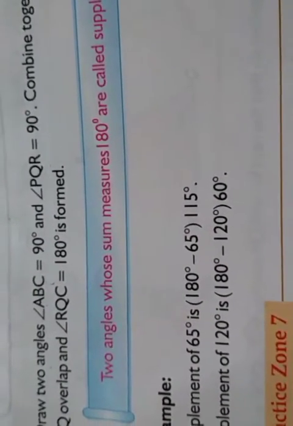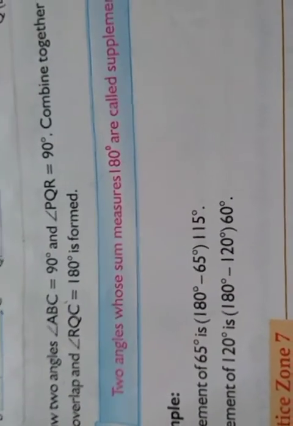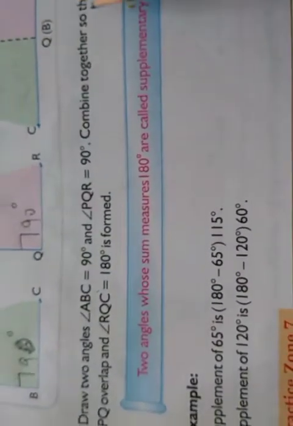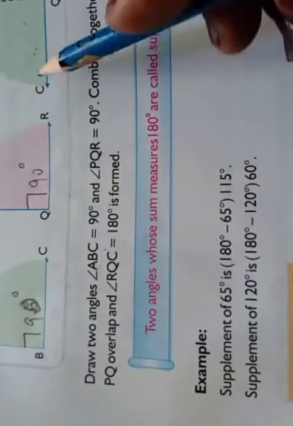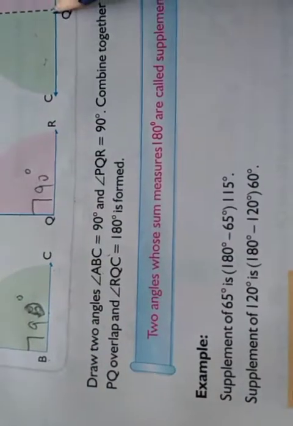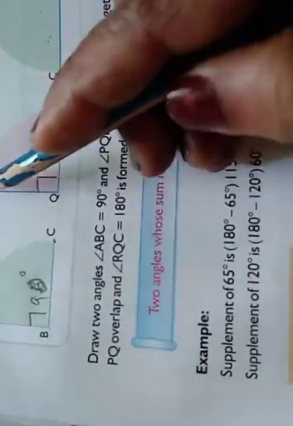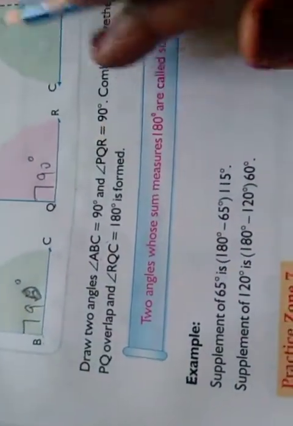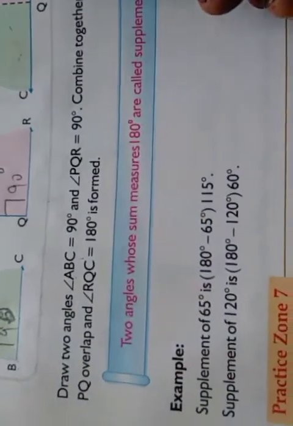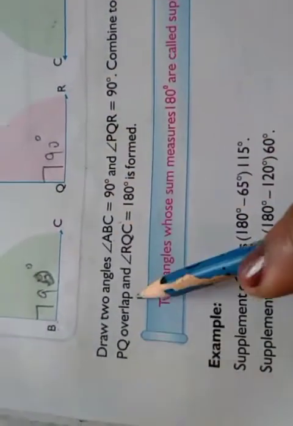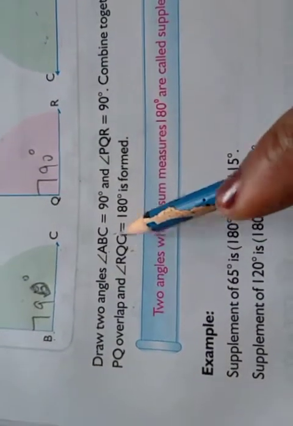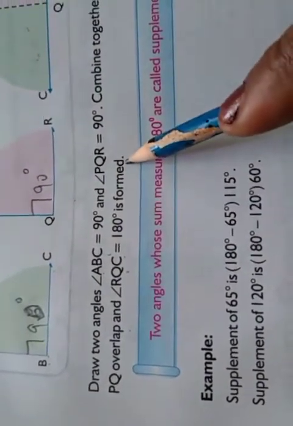Combine them together so that ray AB and PQ are joined by reversing, this angle on that side and this angle on that side. When combined together so that the ray AB and PQ overlap, angle RQC will be equal to 180 degrees.